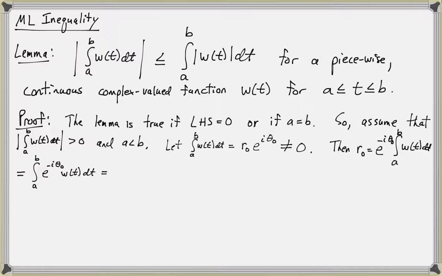Now notice that we started off this chain of equations with r0, and r0 is going to be a positive real number. So this integral that we just wrote is actually a real number, and so since r0 is real, we can write that this integral is equal to the real part of the same integral. So this is equal to the real part of the integral from a to b of e to the minus i theta 0 w(t) dt.